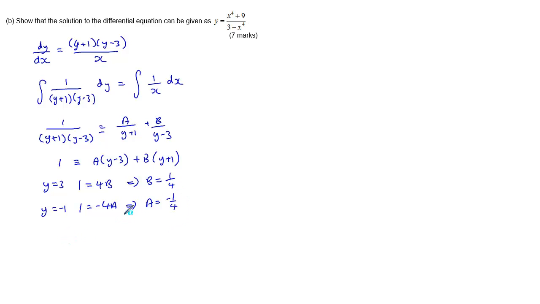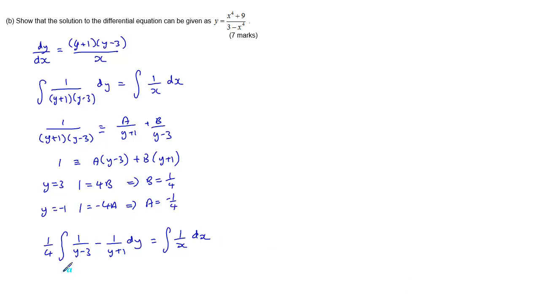So, feeding back up to here, we've got a quarter of the integral of 1 over y minus 3 take away 1 over y plus 1 dy is equal to the integral of 1 over x dx.